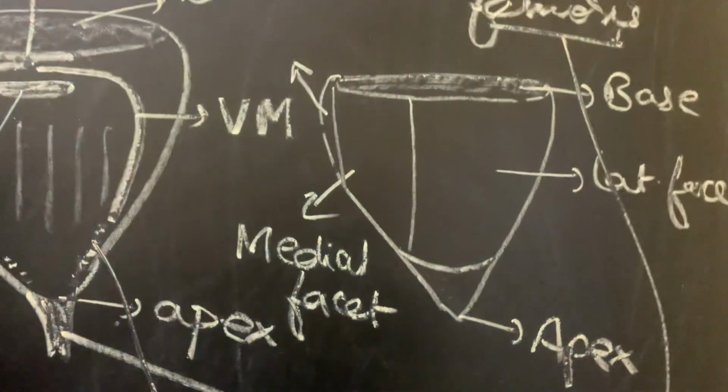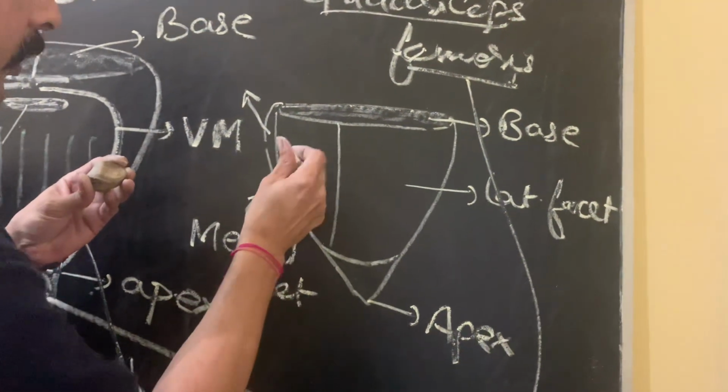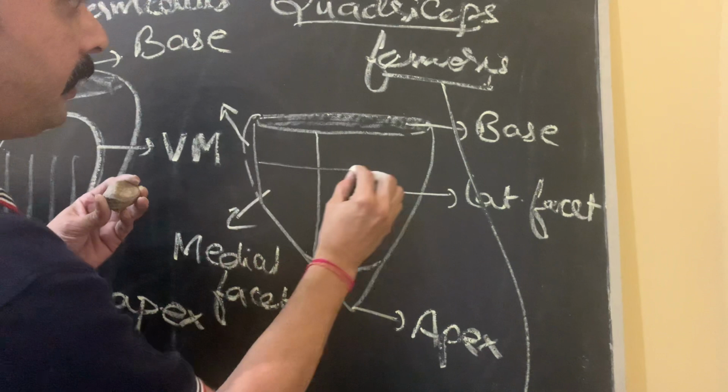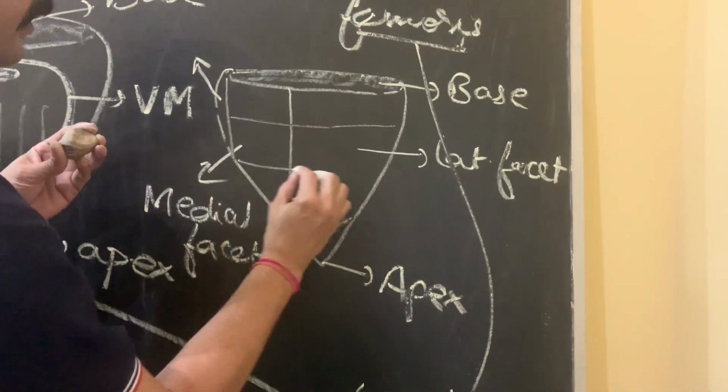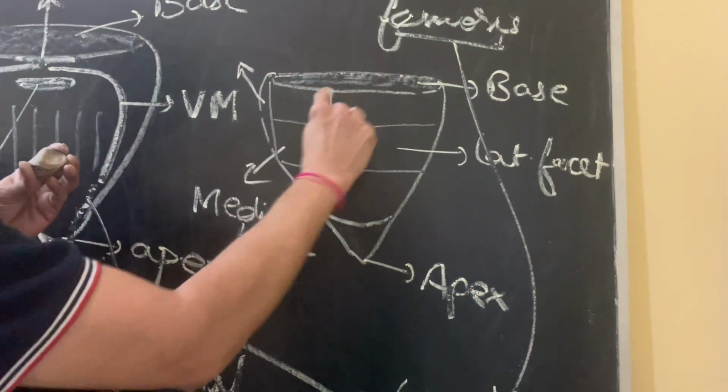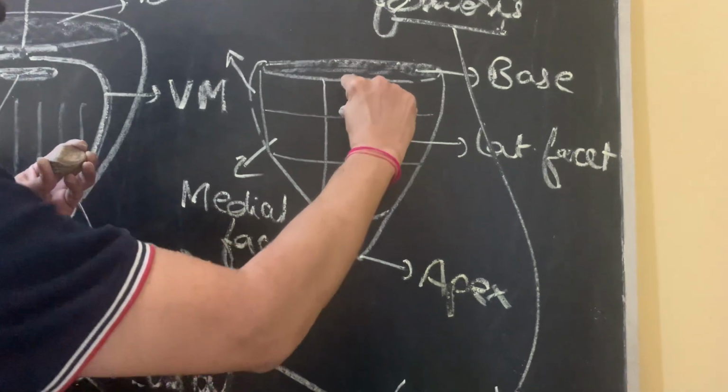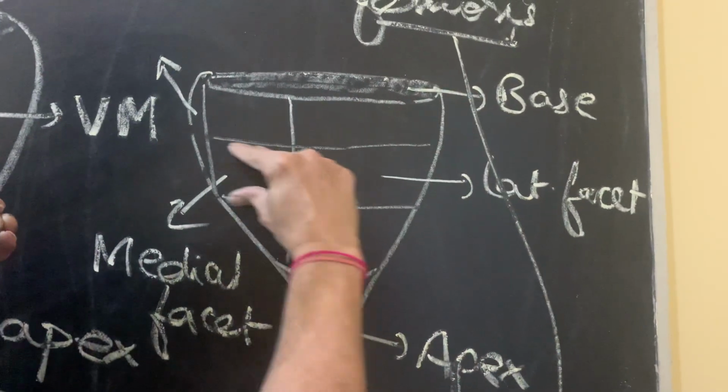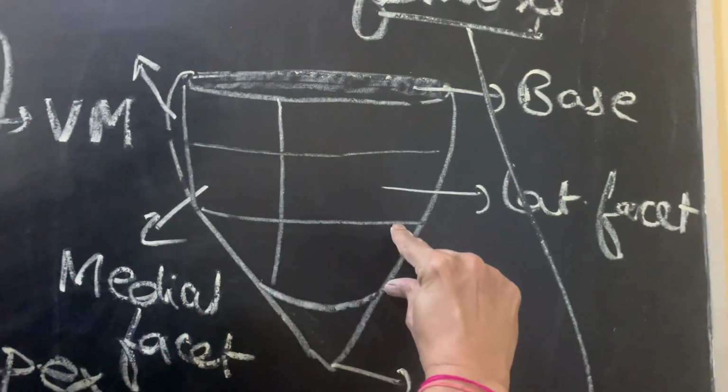Similarly, two faint ridges or faint areas can be seen running transversely like this, thereby dividing it into an upper part, middle portion and lower portion.